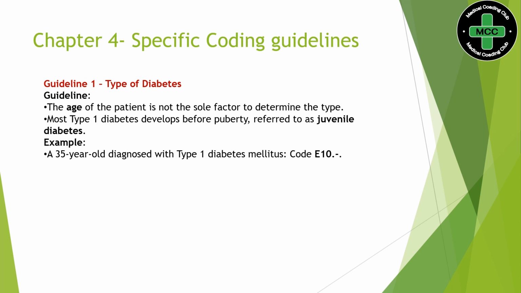So our first coding guideline is regarding type 1 diabetes mellitus. Type 1 diabetes is also called juvenile diabetes, which comes early in life, that is early childhood or adolescence. But do not think age is a determining factor. In the question, if you see a 13-year-old patient with type 2 diabetes, then seeing the patient's age of 13 years, you should not conclude it is type 1 diabetes.